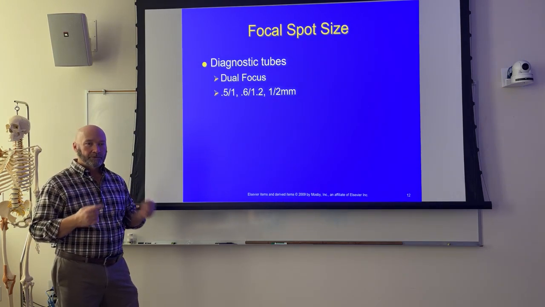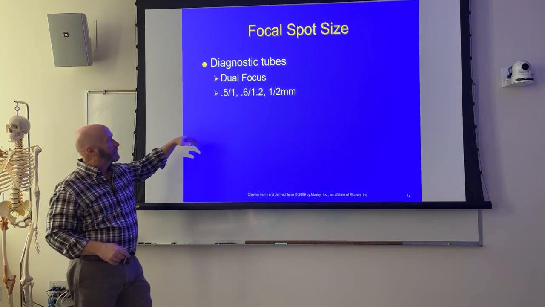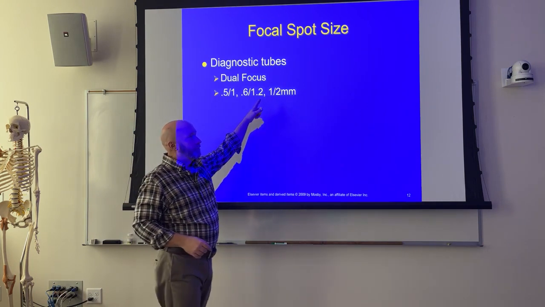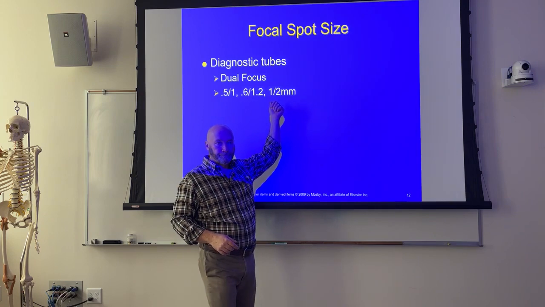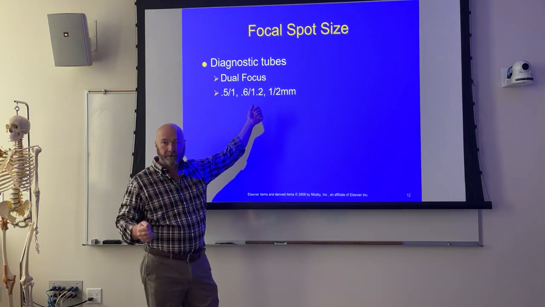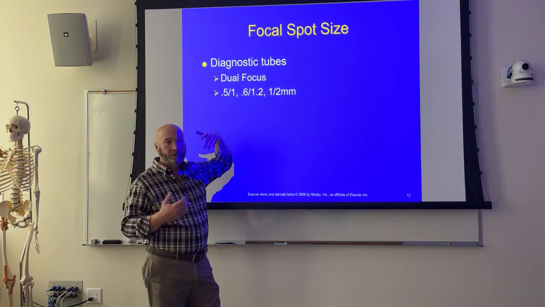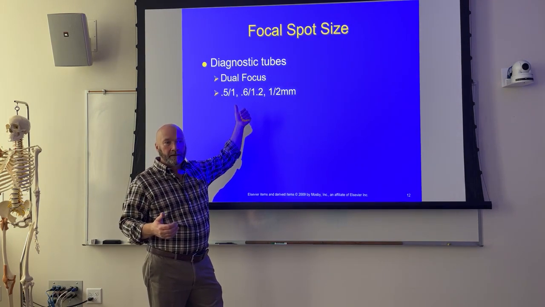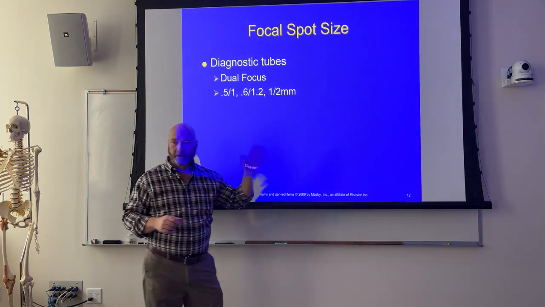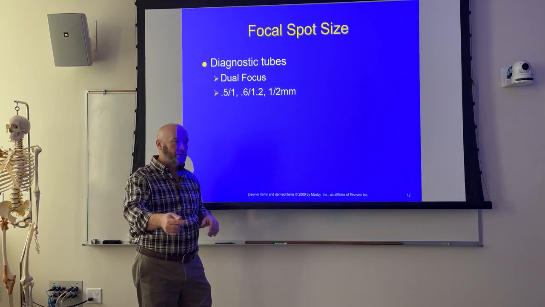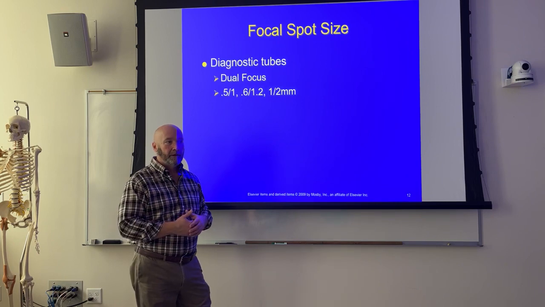So on your test questions, what you're going to be looking for is, let me say this first. If your machine will let you rotor up on a technique on small focal spot and make your exposure, let's say you set a technique, it's maybe 60 kVp at 2 mAs, and then you leave your technique the same, but you select a large focal spot, and your technique is identical.